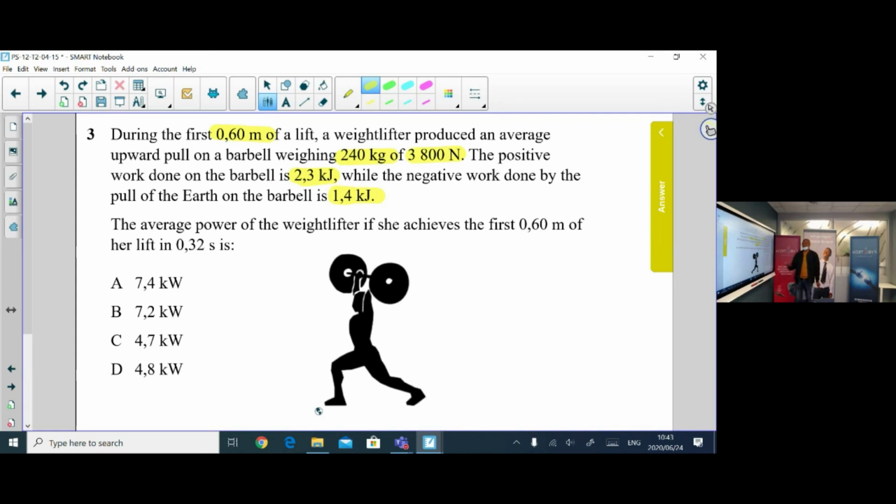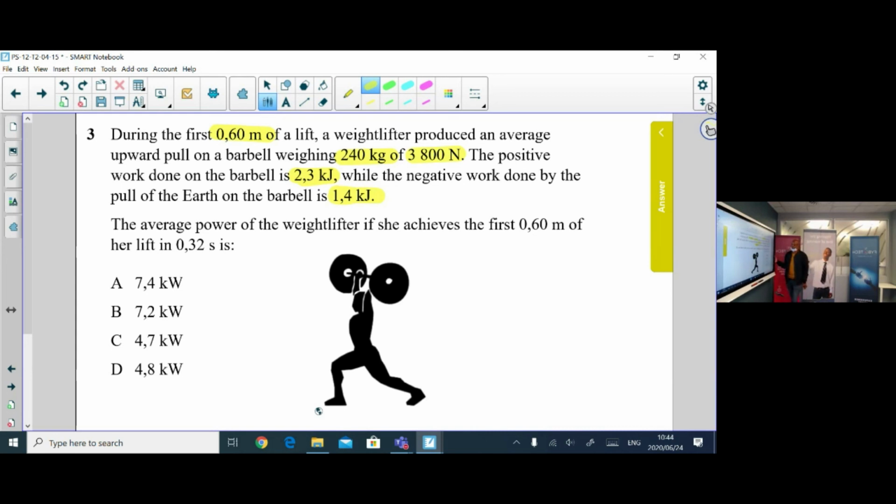Okay, what is given then? We've been given the distance, that is 0.60 meter. We're also given the mass of 214 and the force there, which is 380 Newton. That is the average. What is needed then?